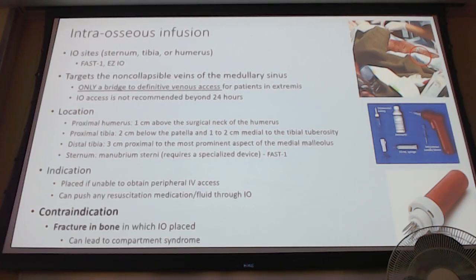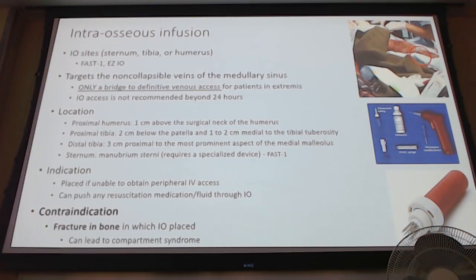But speaking about IOs, IOs are next. So intraosseous infusions, okay? These are the needles that go into the bone. These are the sites in which we put them: proximal humerus, proximal tibia, distal tibia. Sternum, I know, is being taught in TCCC. I do not agree with it at all.